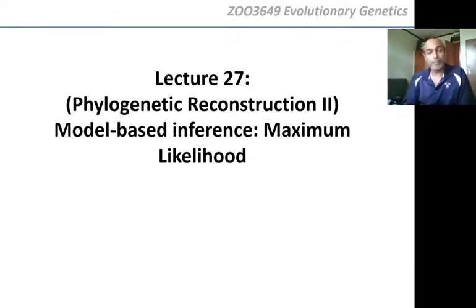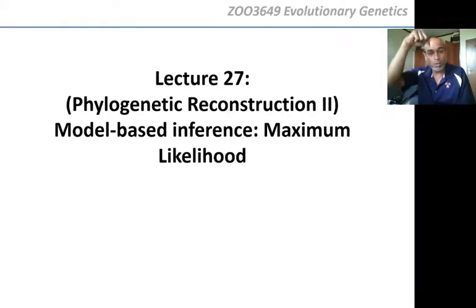So for maximum likelihood and Bayesian, remember parsimony and distance could be used on many different kinds of characters. Likelihood and Bayesian are only for DNA sequences, and DNA alignments where you have a homologous position that you know is homologous, because the trait must be homologous to make a tree.